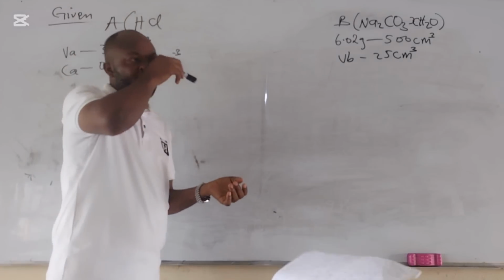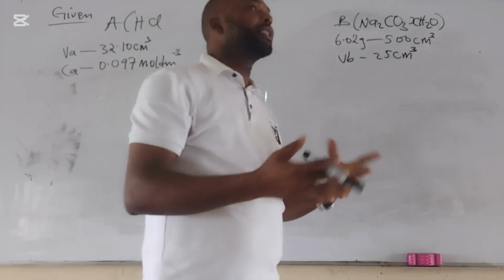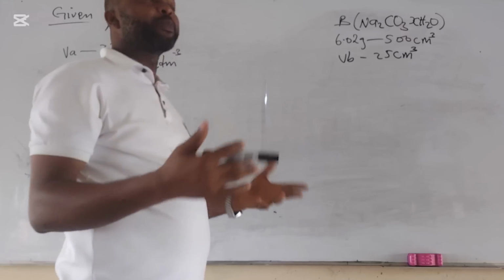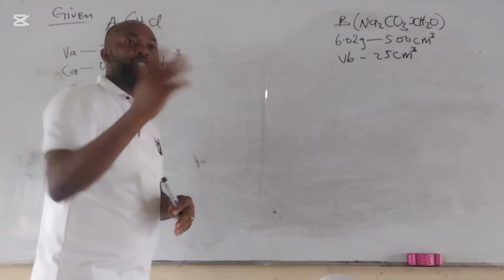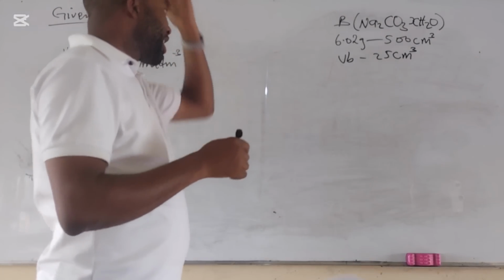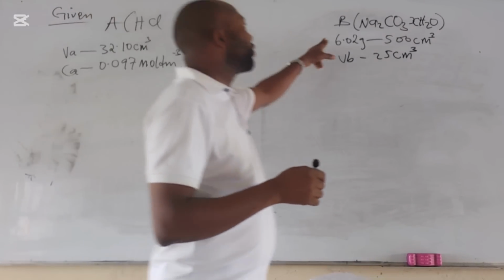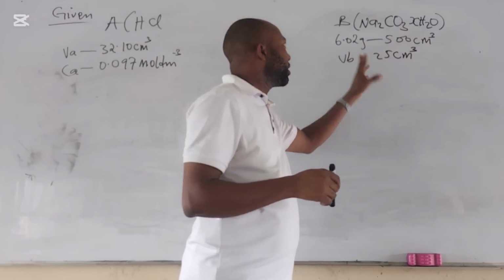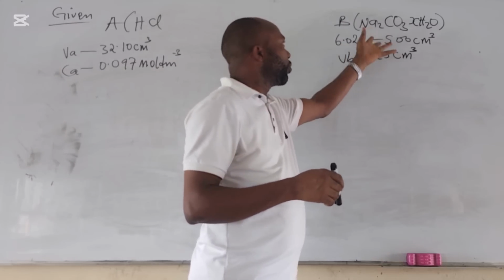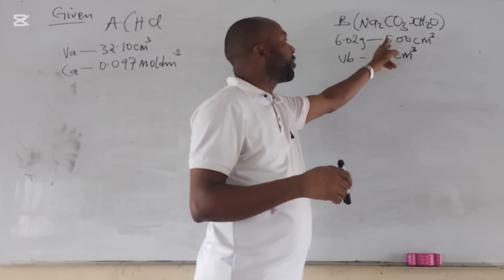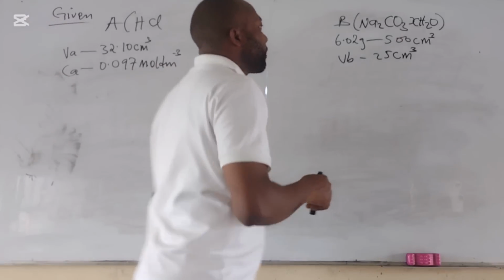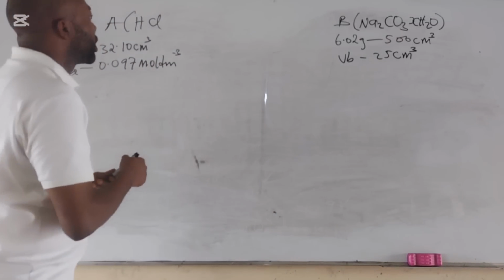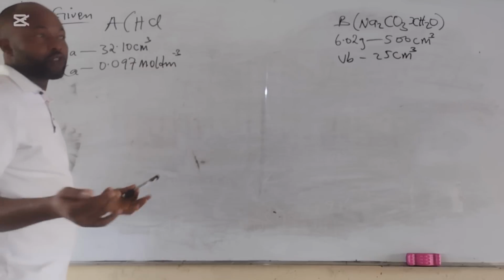Now, the efflorescent sample is a hydrated sample which was exposed so some water was lost. We're going to look for the mass concentration of the hydrated, which is mass over volume. But for us to do anything, we first balance the equation. In this case, they did not give us the equation.